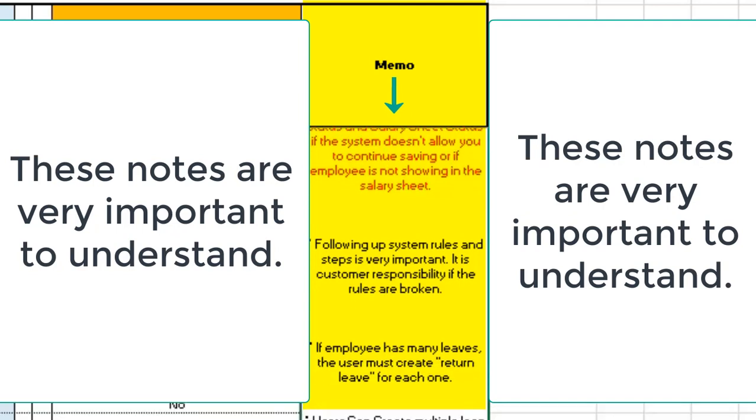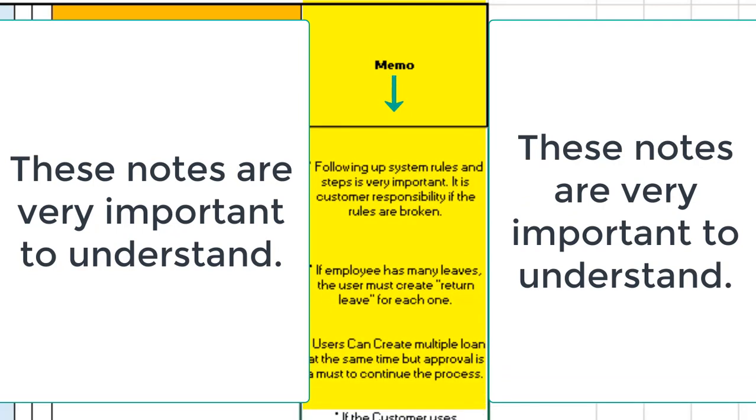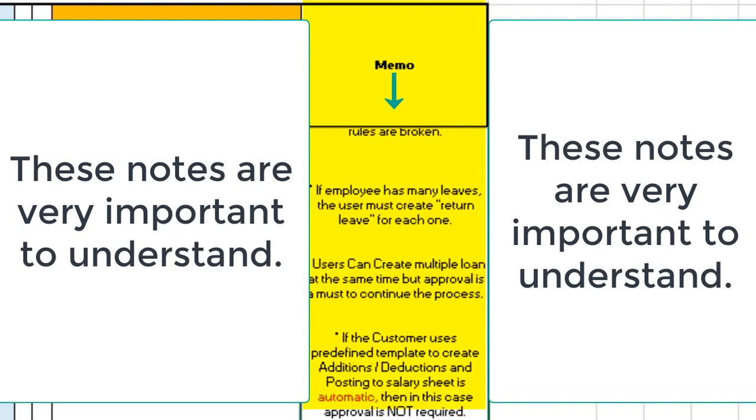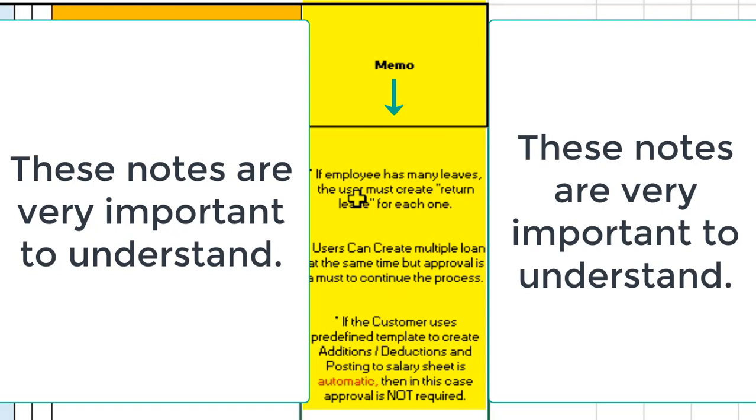One more thing is that you always should follow up with the system rules, and it's basically customer responsibility if those rules, which have been discussed before, are broken. And whether, for example, the user finds that there are so many leaves regarding employees, all these leaves must be returned at the time the employee has returned back in order for the system to know when the employee has returned.